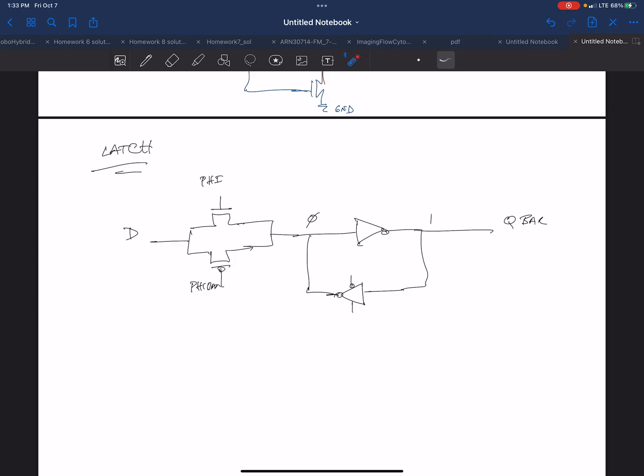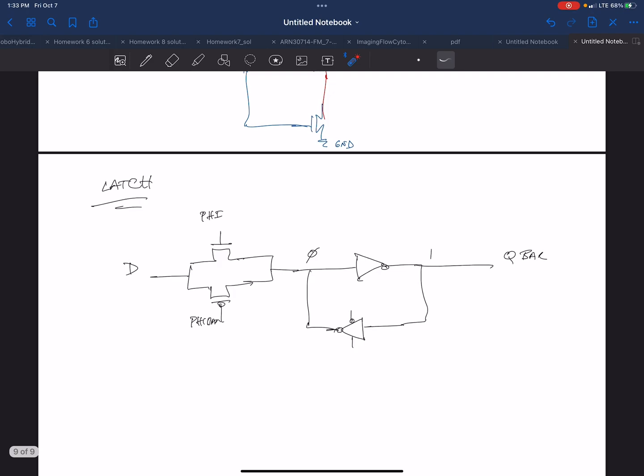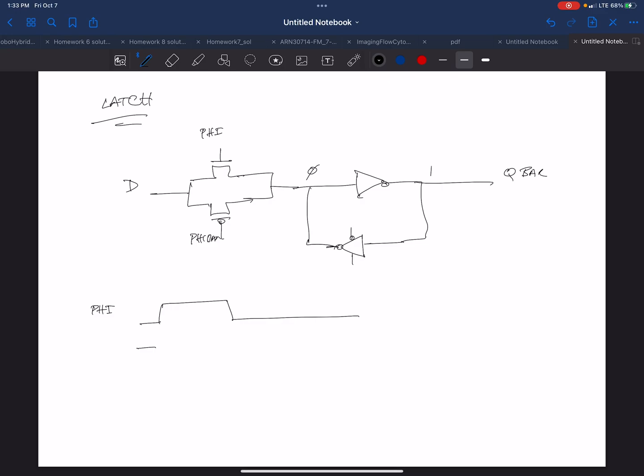So in that case, I need this guy to be active, okay? So let's say in the storing case, I want when the clock is low, so let's say this is phi. Okay, so phi bar would be the inverse of this. So this is time, and these are sort of the signal values.